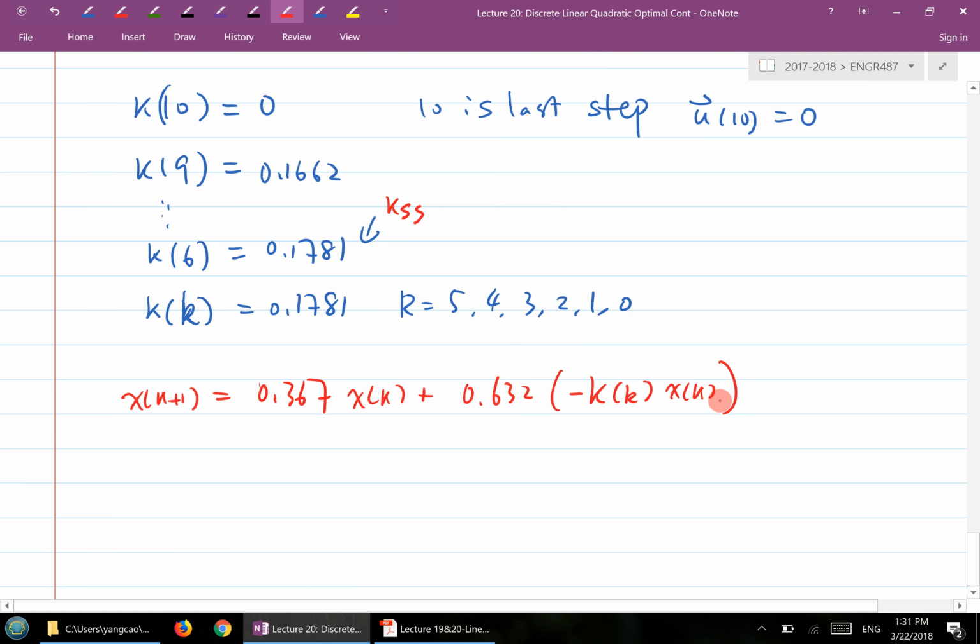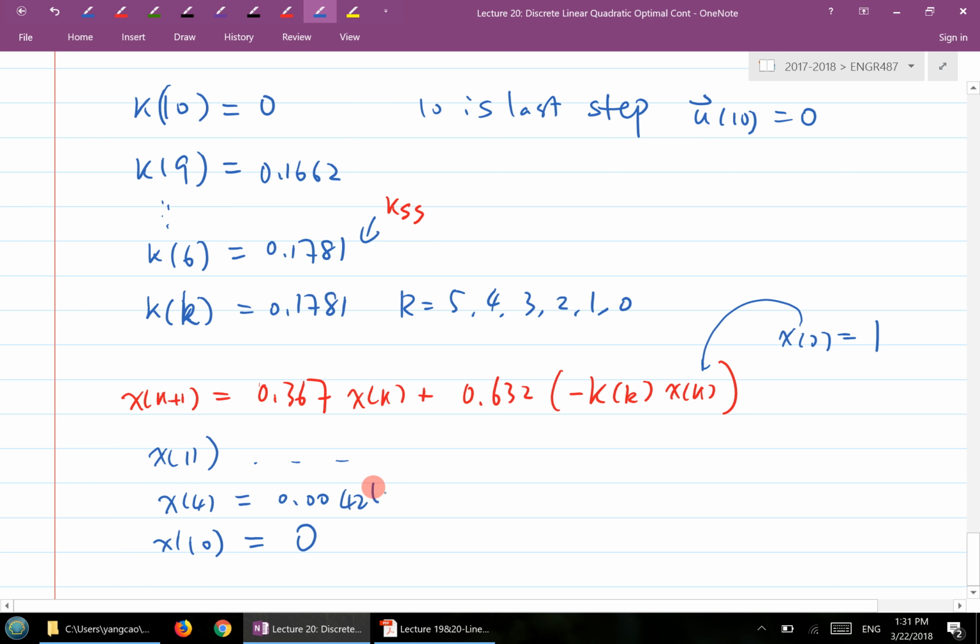Here's your control input. We have x of 0 given, which is 1. So you plug in x of 0, solve for x1, and then step by step solve for the rest of them, and you get the response. The x of 10 becomes 0. Actually, when you're at x of 4, it's already very close to 0.